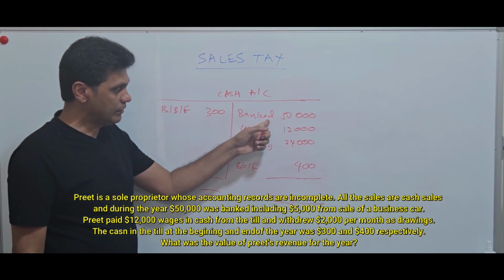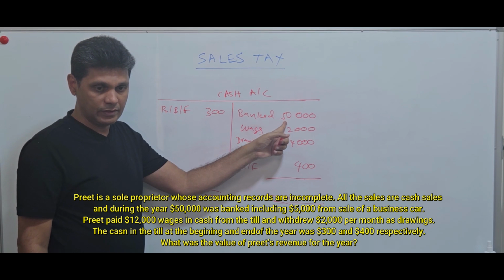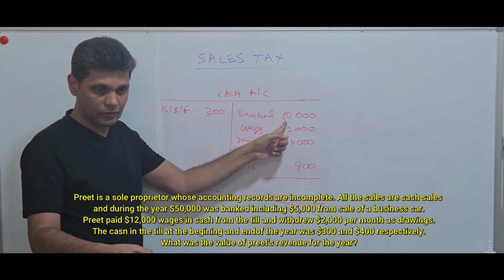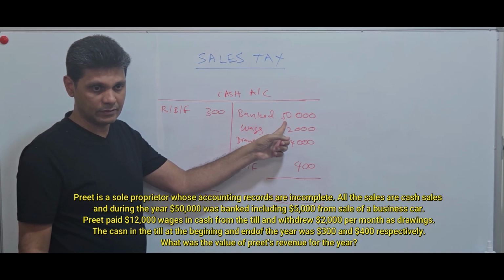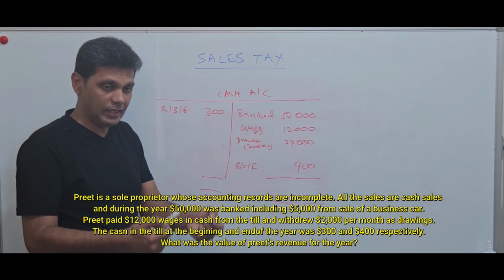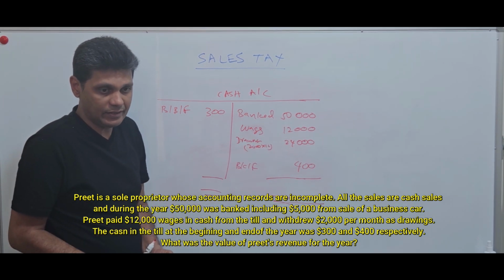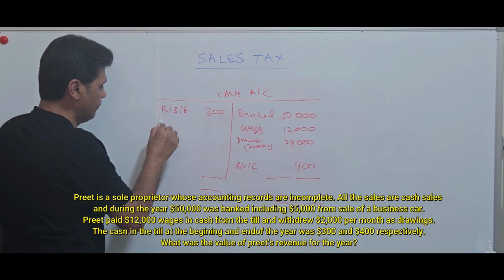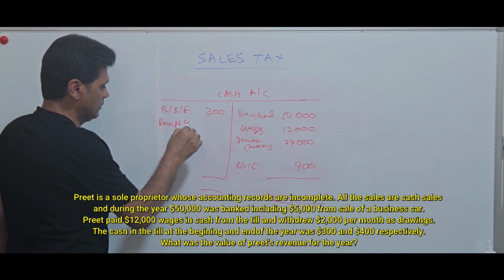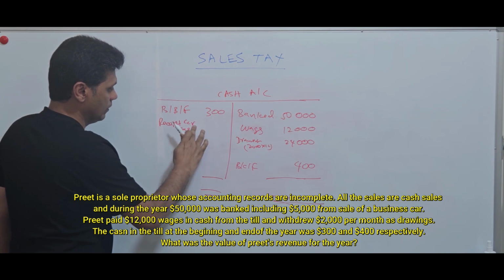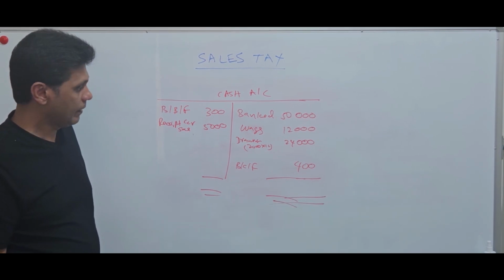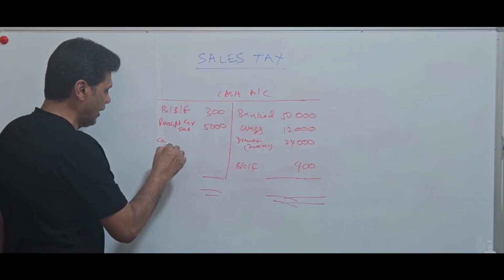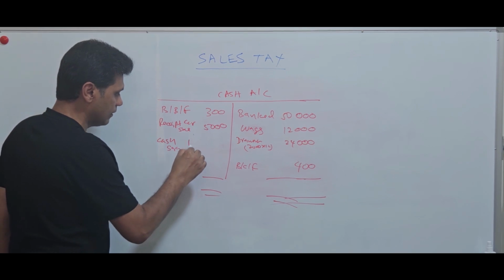Now this 50,000 banked amount, you are told it includes what? Car sales. So when you sell a car, you receive the cash, right? So receipt from car sales, how much? 5,000.